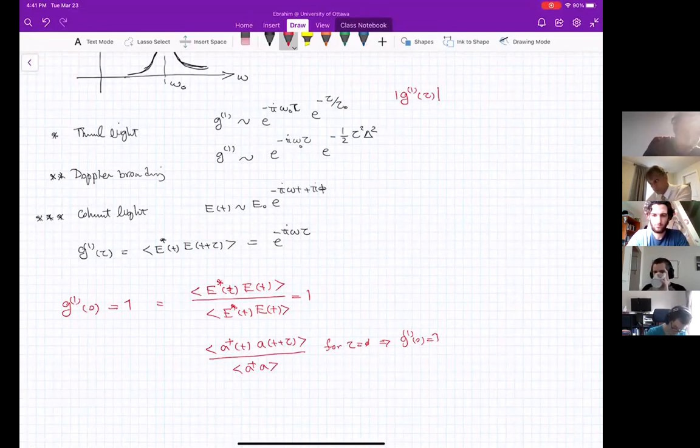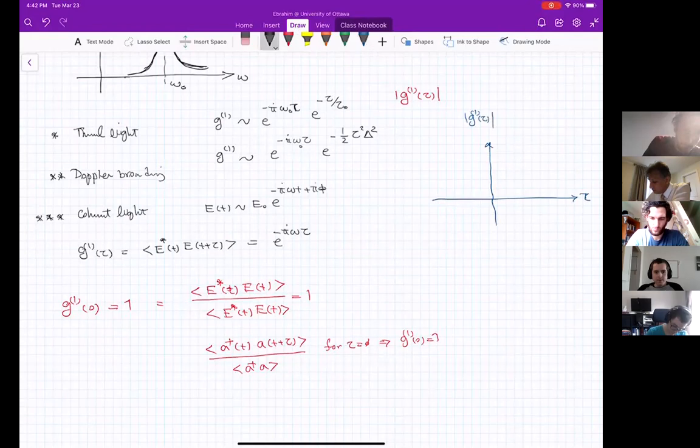So for all of them, it starts from 1. That's the point. I plot the absolute value of G1 of τ, and for any of those cases, it starts from 1.